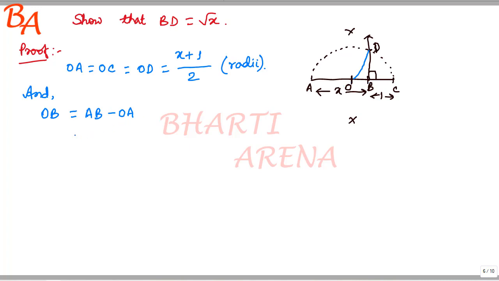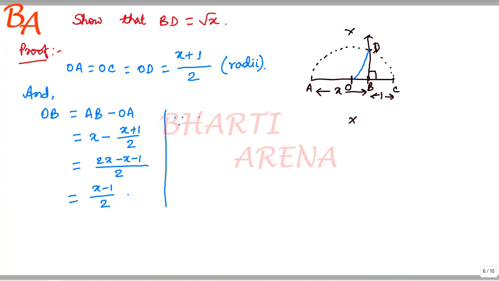So AB equals x, and OA we have just found here, that is (x plus 1) by 2, equals (2x minus x minus 1) by 2. We are just simplifying it, equals (x minus 1) by 2.